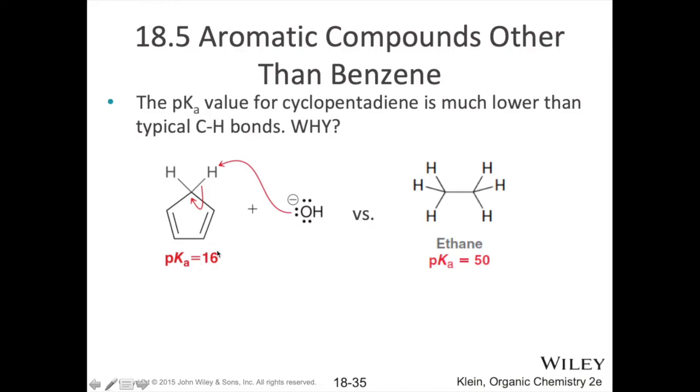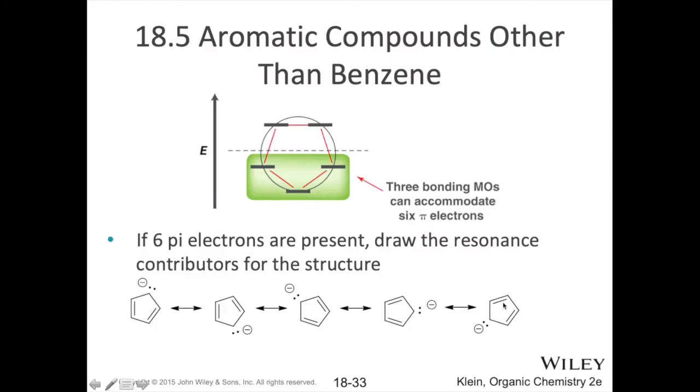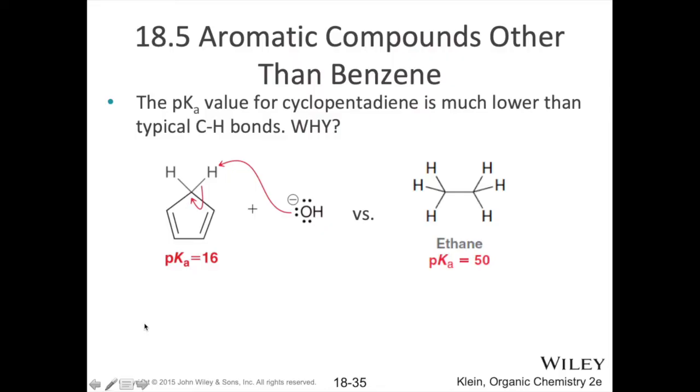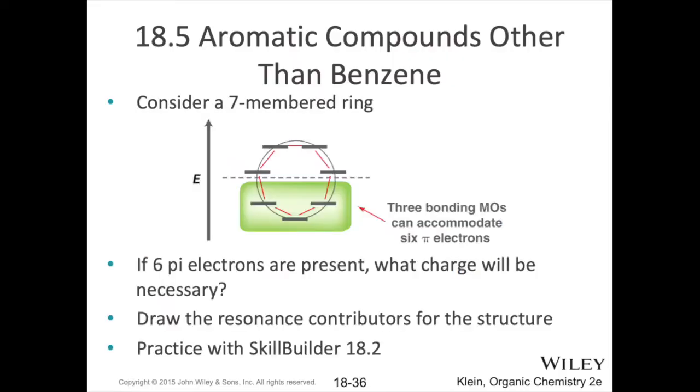It's closer to that of an alcohol. And the reason for that is that when you pluck off that proton, that resulting conjugate base is going to be aromatic. It's this molecule we've drawn over here, right? We pluck off that proton, and that resulting carbanion is now aromatic. So we have a very stable conjugate base, and that's why the pKa is so low.